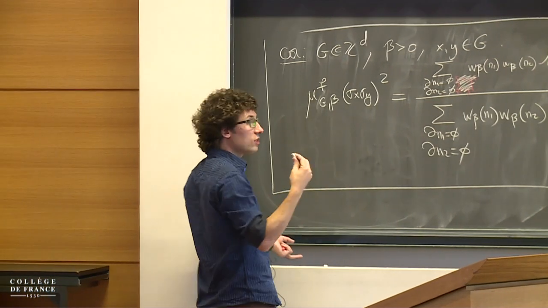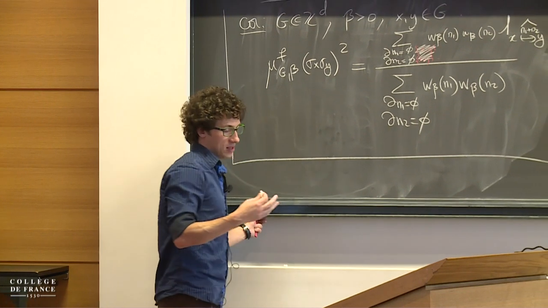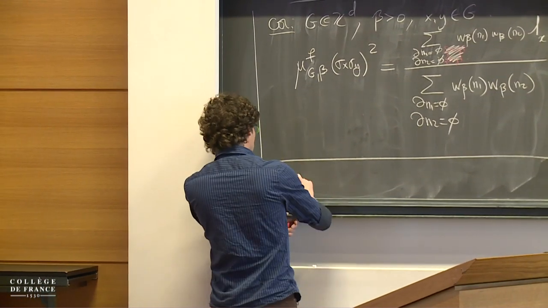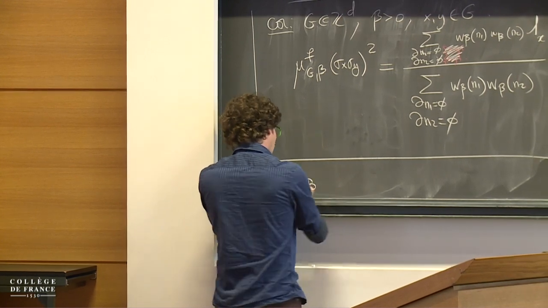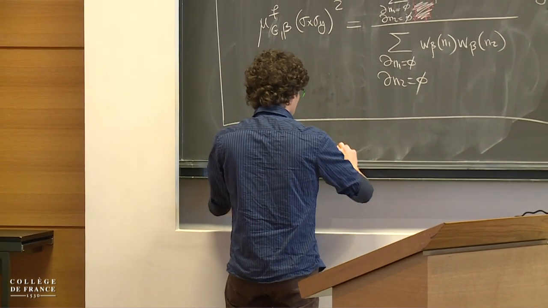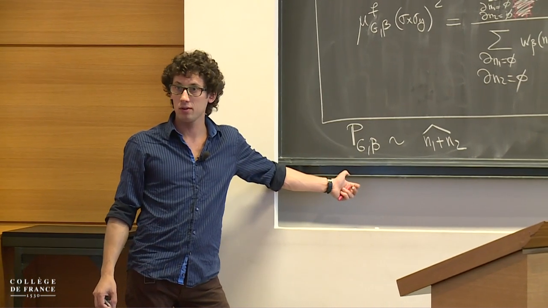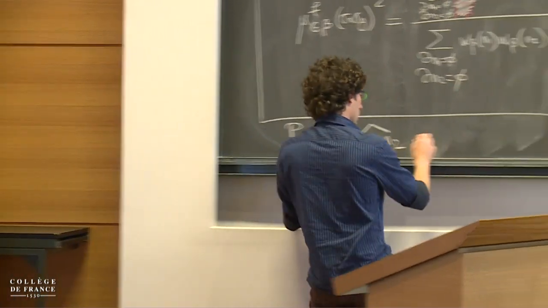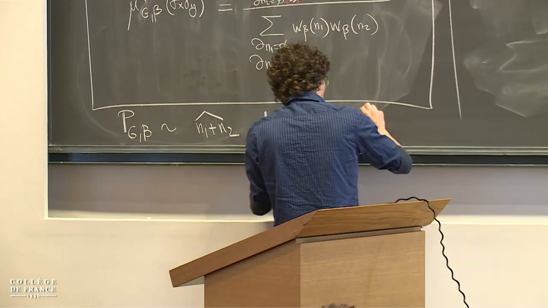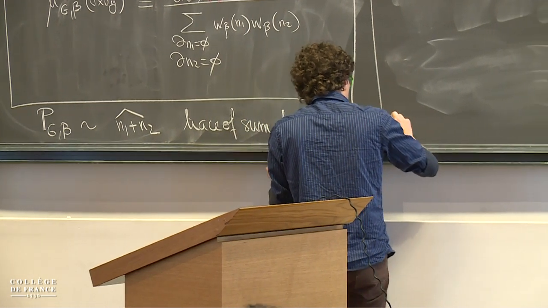So now you see this is really the interpretation. What is the geometric representation in the context that I introduced before? You want just to define P_{G,beta} to be what? To be just the law of the trace of the sum of two independent sourceless currents.